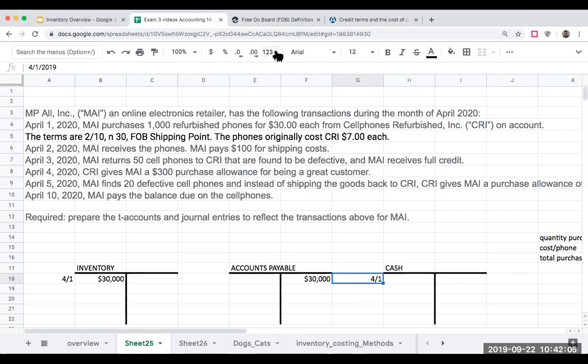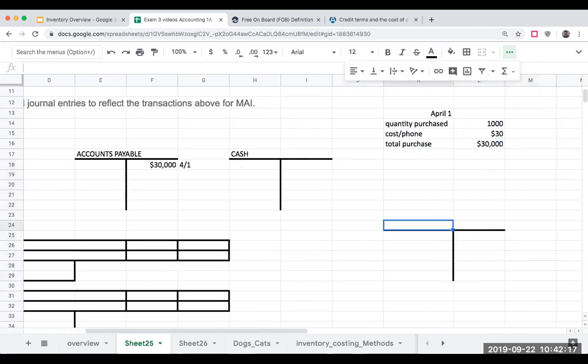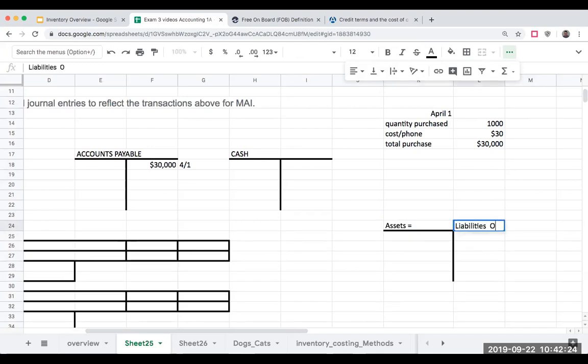Does this make sense from our T theory of accounting? Remember, going back to basics, I've got my assets equals my liabilities plus my owner's equity.